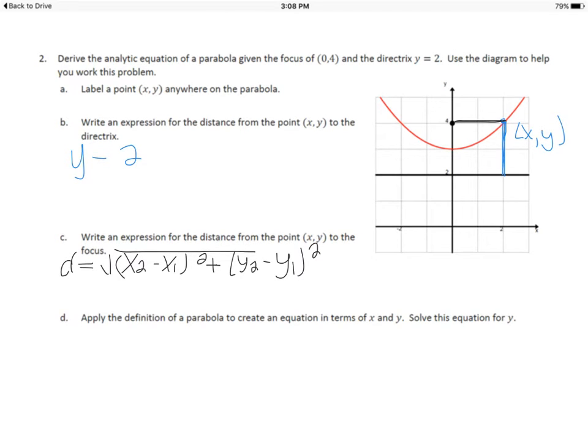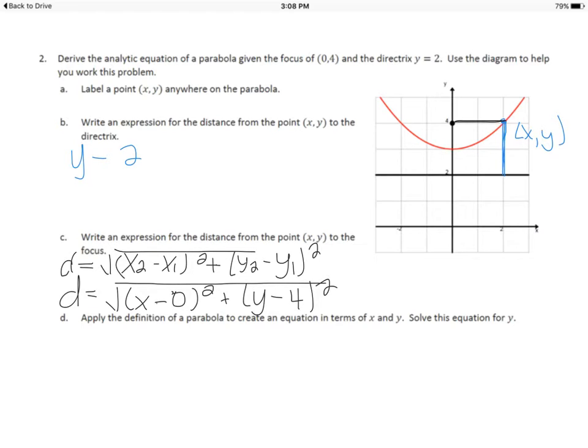So my distance d is going to equal the square root of (x minus 0) squared plus (y minus 4) squared, just plugging in my focus point and my labeled point x, y there.